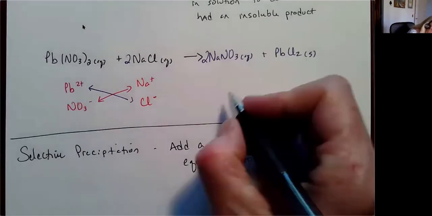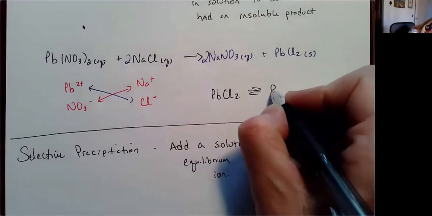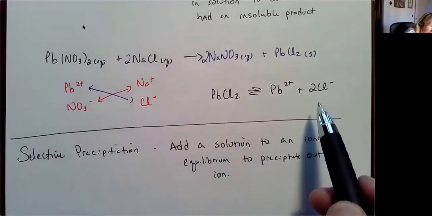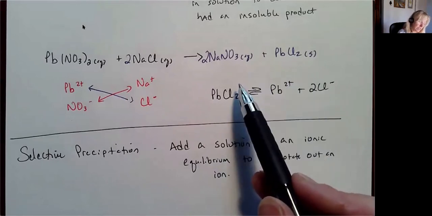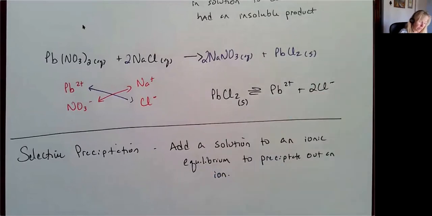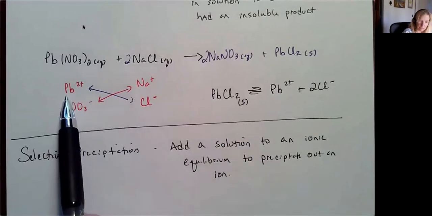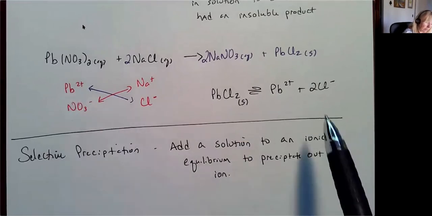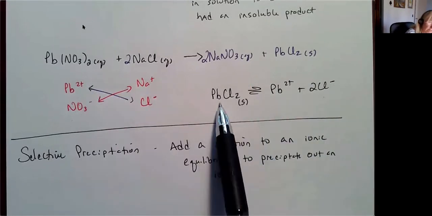If I form this, it can become an equilibrium scenario. So I want to have a lot of chlorine ions, so I'm shifting that reaction back to my undissociated reactant here. So I have a couple of things. I want to add an ion that's going to react with an ion of interest and precipitate it, and then I want to have enough of this there so that it pushes this effectively to the right completely.